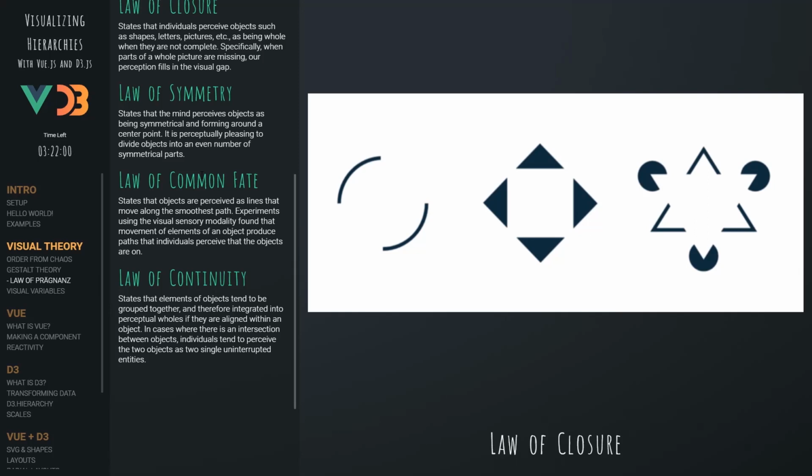And then we have the law of closure. This states that individuals perceive objects such as shapes, letters, pictures, etc., as being whole when they're not complete. Specifically, when parts of a whole picture are missing, our perception fills in the visual gap. So you can see here that we make out a circle. In this case, we can make out a square.